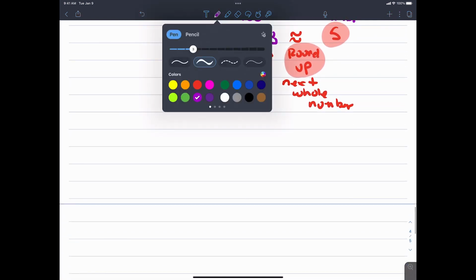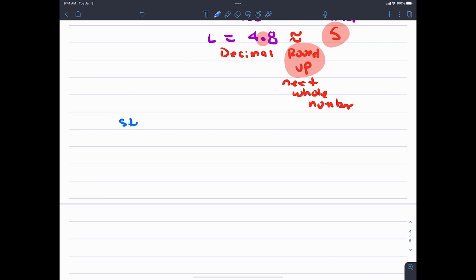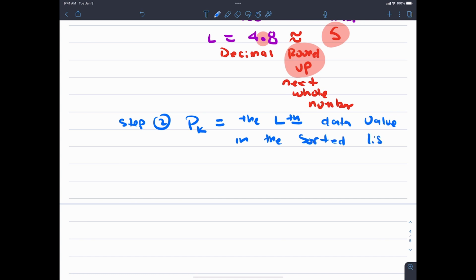Now, you might say, how do I use this locator? Well, step 2 is your answer step. PK equals the Alth data value in the sorted list.